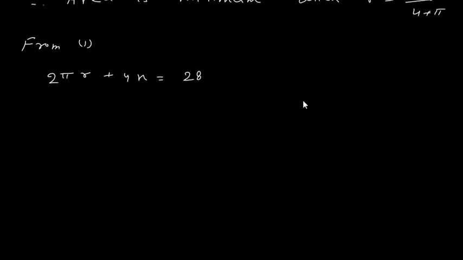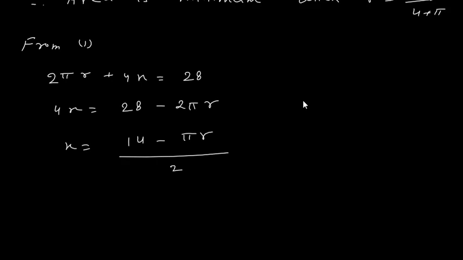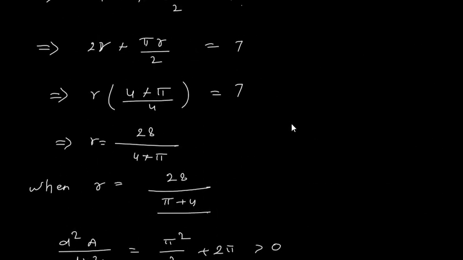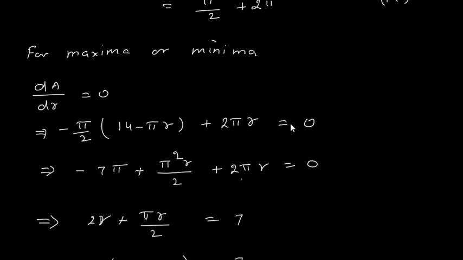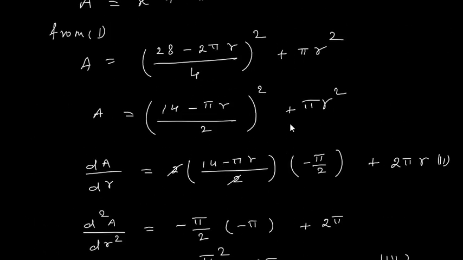Now here the value of 4x will be 28 minus 2 pi r. Therefore the value of x is 14 minus pi r whole divided by 2, right? So value of x, what we have substituted, is 14 minus pi r divided by 2.